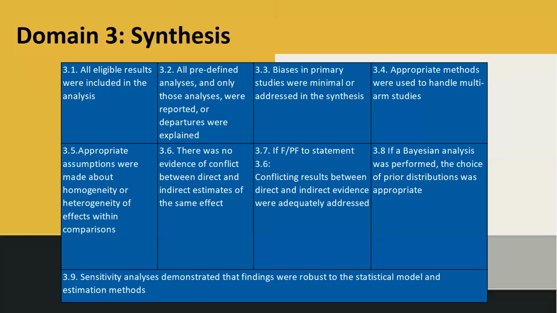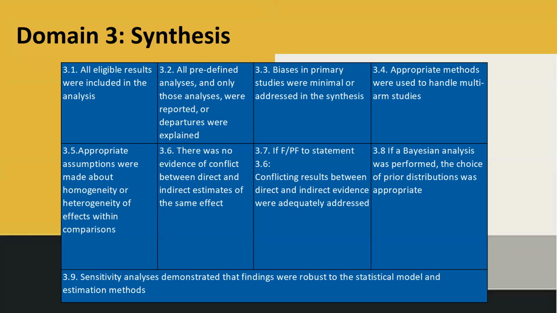So here's domain 3, which has 9 items. The first one is: all eligible results were included in the analysis. The third is: all predefined analyses, and only those analyses, were reported or departures were explained. Biases in primary studies were minimal or addressed in the synthesis. Appropriate methods were used to handle multi-arm studies. Appropriate assumptions were made about homogeneity or heterogeneity of effects within comparisons.